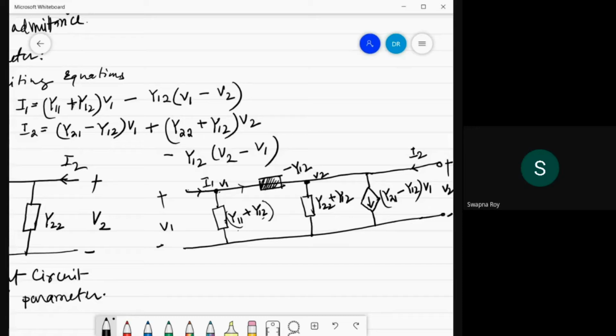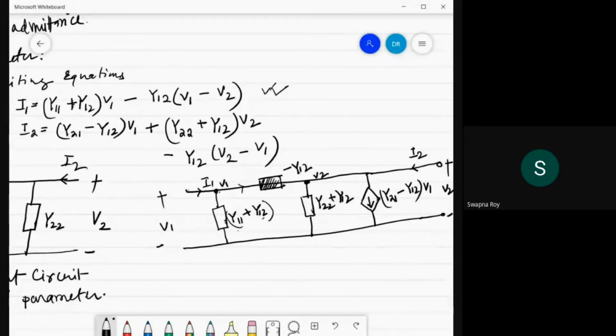In nodal analysis, at the node we consider, V1 will be positive. So V1 minus V2 into this admittance minus Y12 is the input port current.